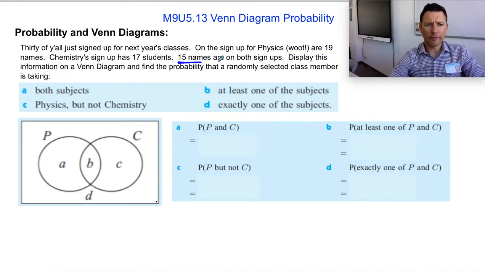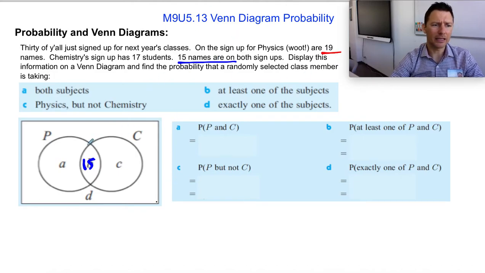All right, so we know that 15 names are on both signups. So I know that 15 are overlapped. We also know that there are 19 in physics. So if there are 19 in physics and 15 do both, how many are left here? Well, it's got to be 4, right?